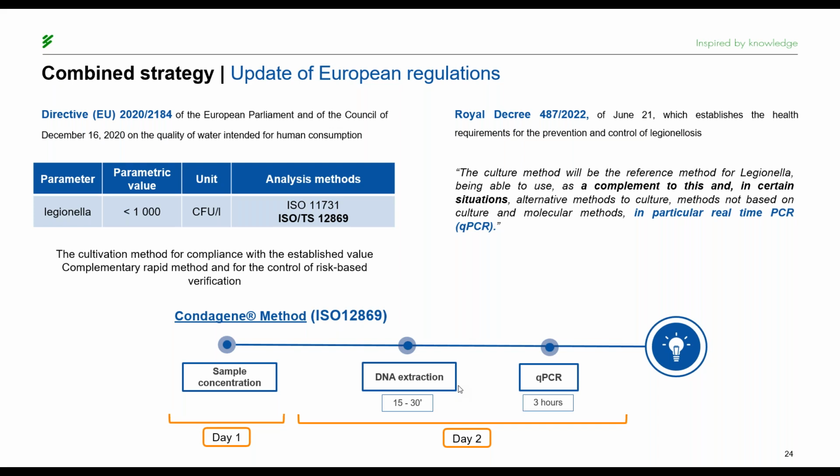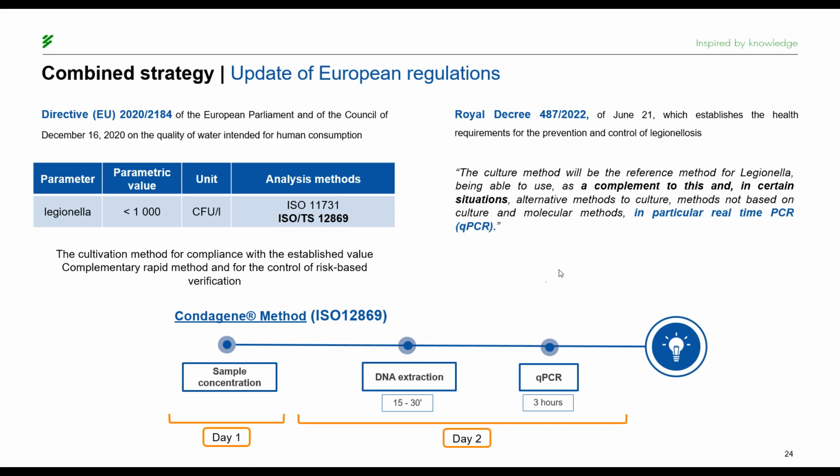One of these is Directive 2020/2184 of the European Parliament, relative to the quality of water for consumption, where Legionella and the value that must be met are indicated, and for which the method of analysis is, of course, ISO 11731 method by microbiological culture. But very interestingly, ISO 12869 is also included as a complementary method, and as you can imagine, qPCR is specifically mentioned as an alternative method above others.